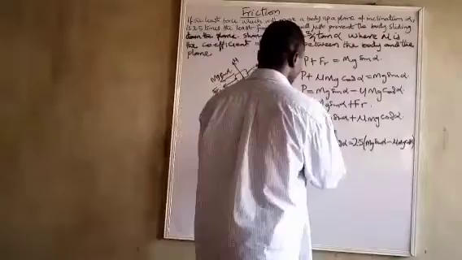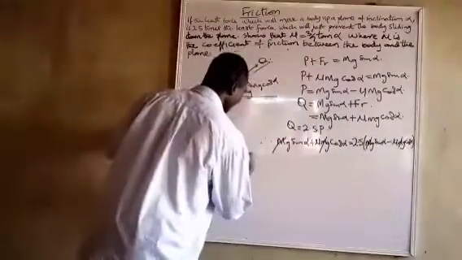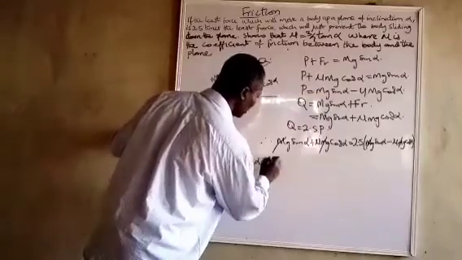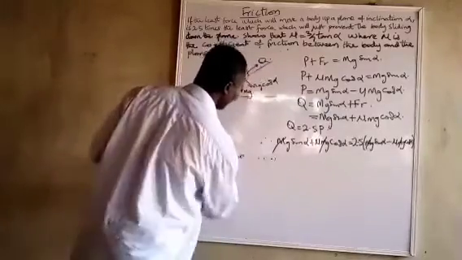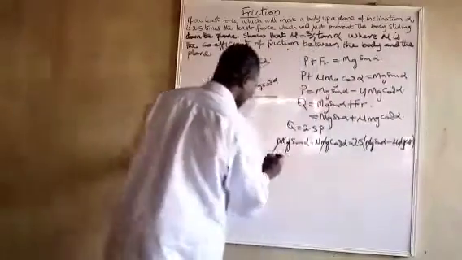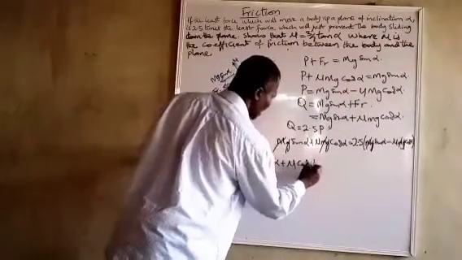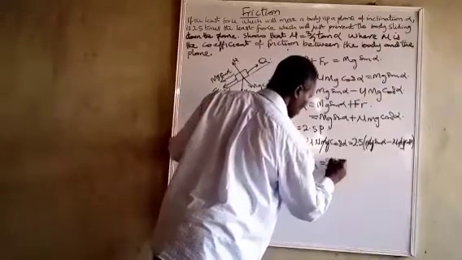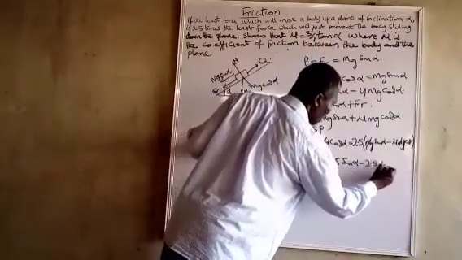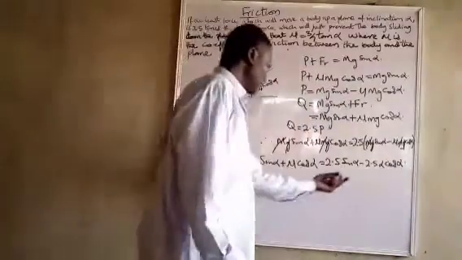Let's divide through by m, and by g again. So I can now say sine alpha plus mu cos alpha is equal to 2.5 sine alpha minus 2.5 mu cos alpha.